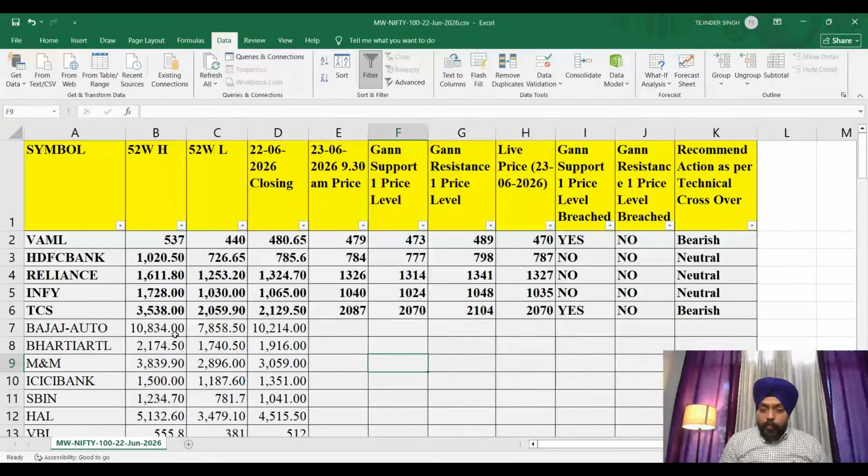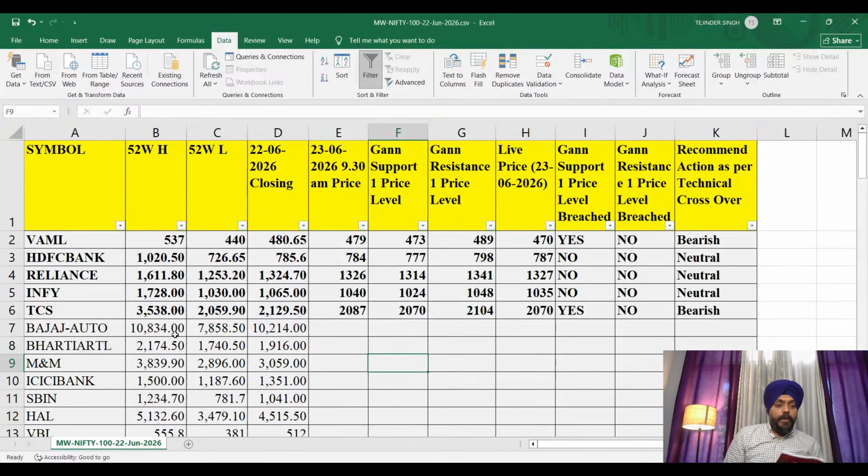So if for the next 10 to 50 minutes, or for that sake even 10 to 15 minutes, this TCS is trading below 2070, as per algo trading and the support and resistance crossovers, the next support level of the TCS is 2058. So as a prudent, rational investor relying on the decision support system that big FIIs, DIIs and prop firms use, you may sell it at 2070 as per the support and resistance range, and you may buy it at 2058.